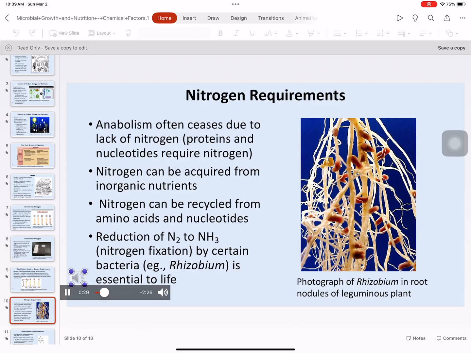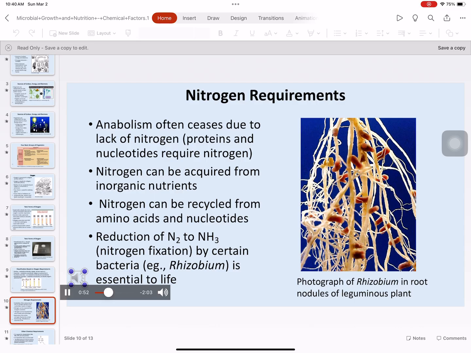Why? Because to make proteins and to make nucleotides, we need to have nitrogen. Remember, amino acids contain nitrogen, and then our nucleotides have the nitrogen-based ring that forms the information.